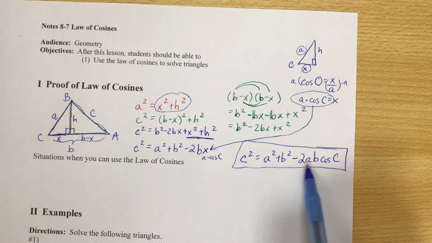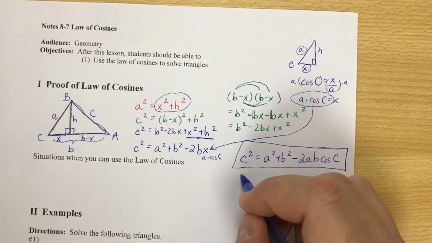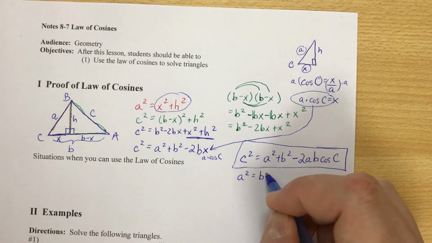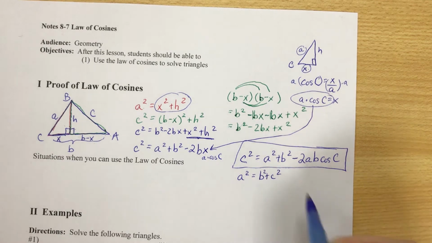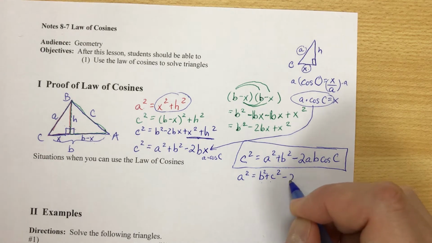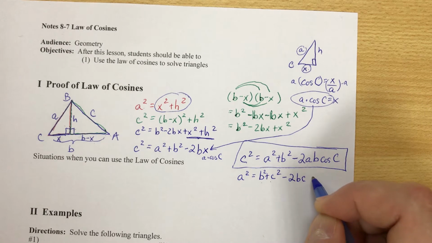This is how you usually see it in a book. However, if I had started with a squared, it would be b squared plus c squared, the sum of the squares of the other two sides, minus 2 times b times c times the cosine of angle A.